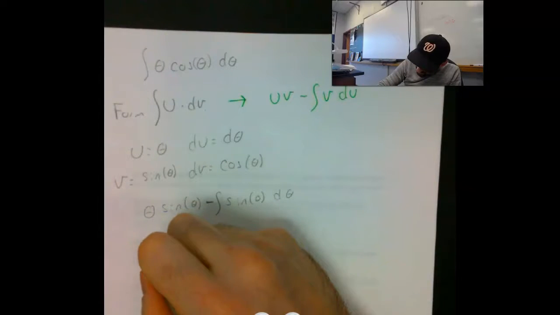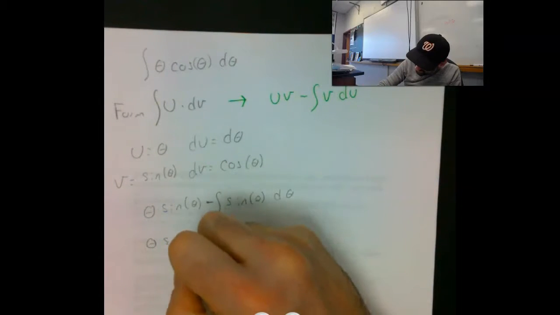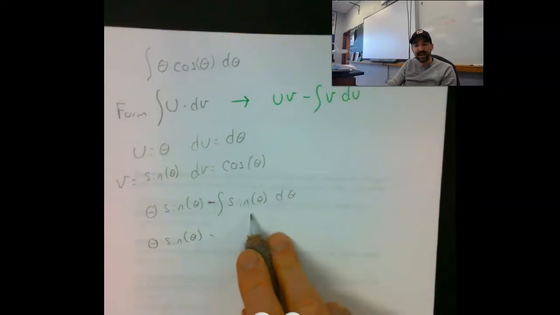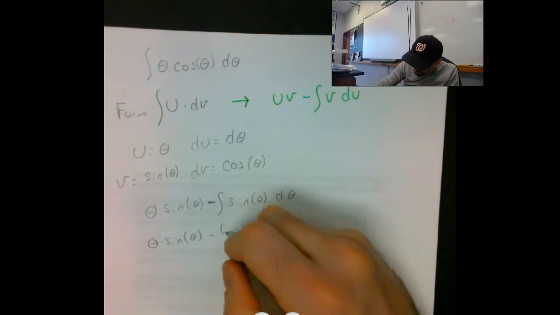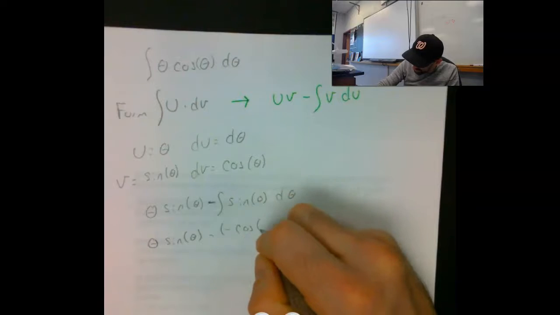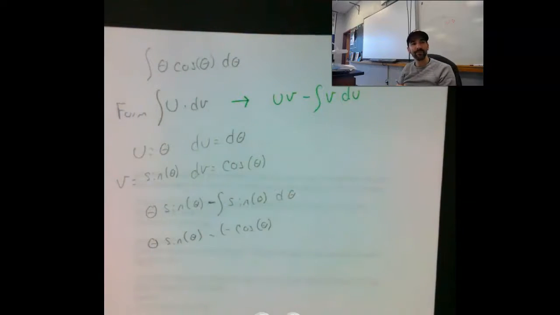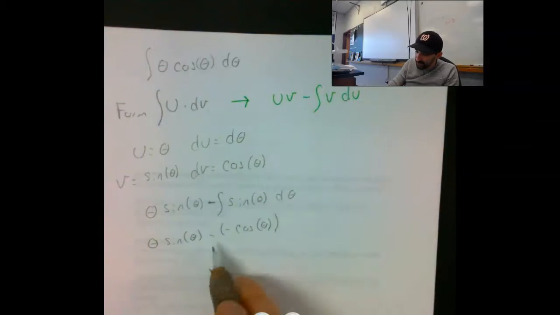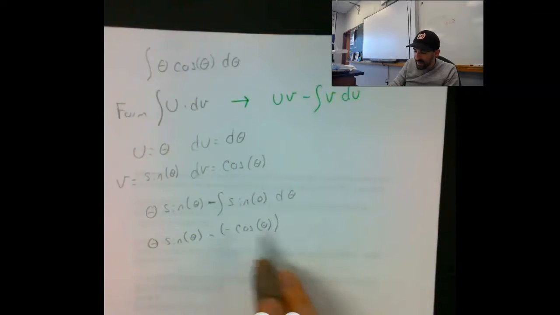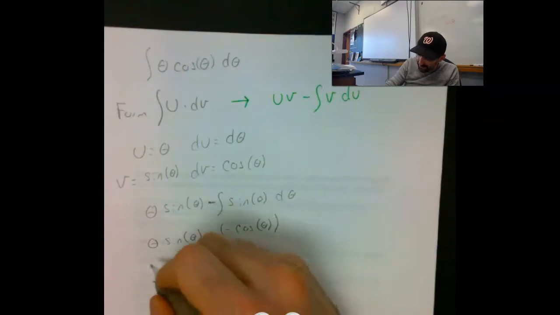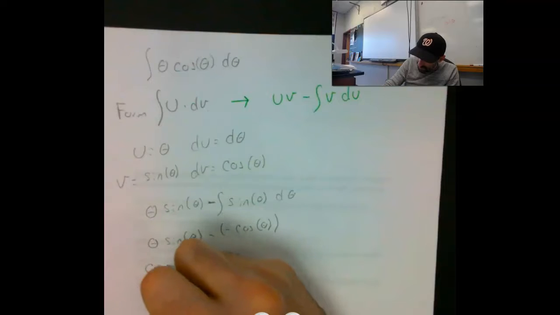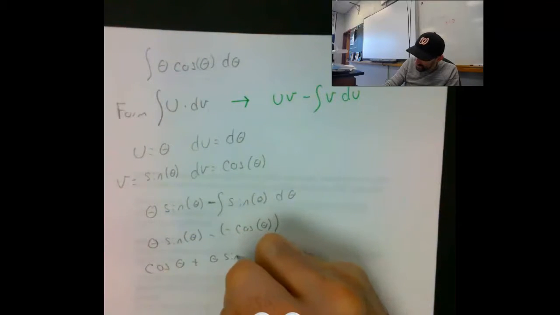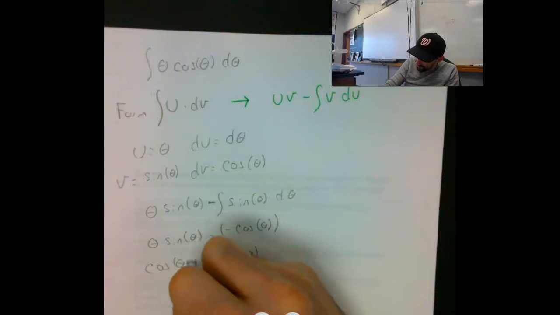Okay, so I'm left with theta sine theta minus the antiderivative of negative cosine theta. Negative times negative is a positive. I'm going to flip those around, so I'm left with cosine theta plus theta sine theta.